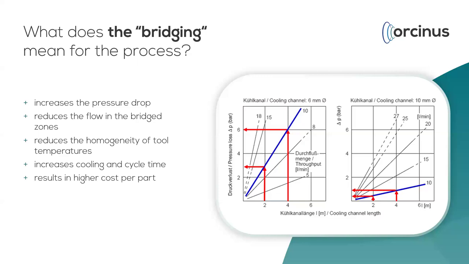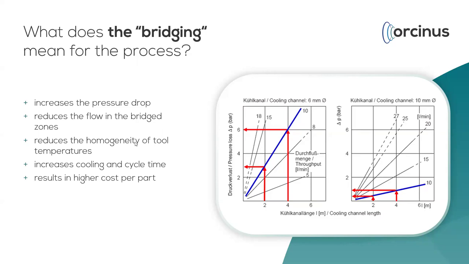And together with the effect that the temperature of the water is increasing so much, you have a not very effective cooling. So we have it here summarized: increases of the pressure drop, and with the bridges, you have a problem with your flow and the pressure.